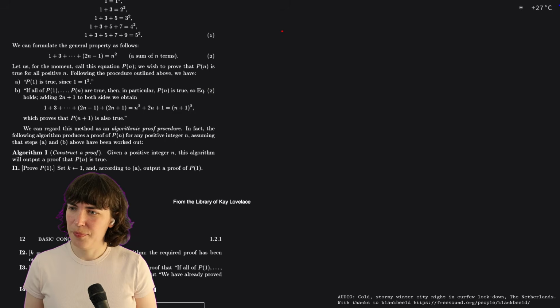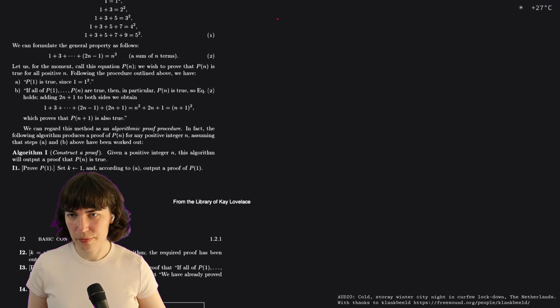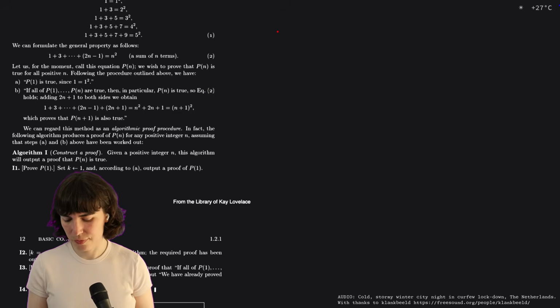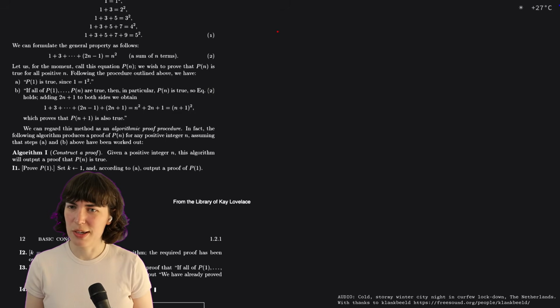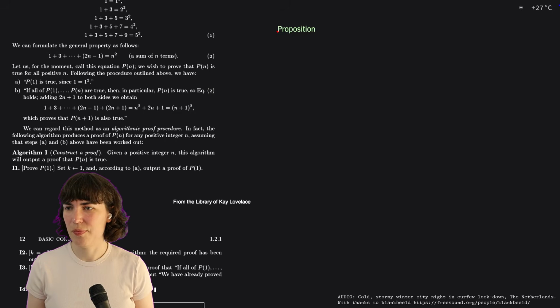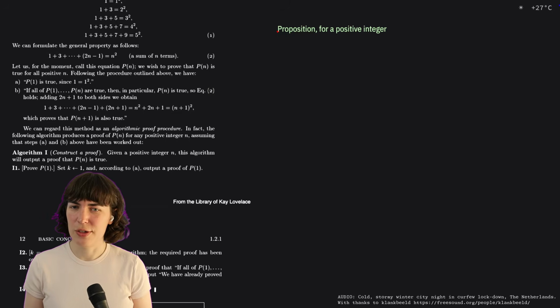So how do we put this with like a suppose? What is it? Proposition. It's essentially for a positive integer, no. Well, positive integer n.